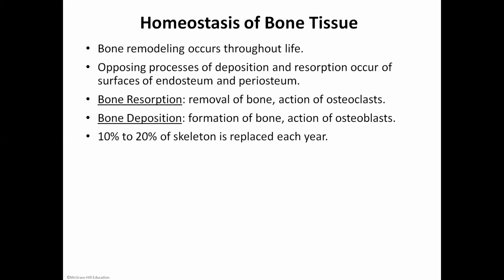So again, osteoclasts help to break down bone. Versus bone deposition, where we are actually making bone. We're forming bone, so we're using the work of osteoblasts. So basically homeostasis is just a balance between osteoblast and osteoclast activity, of whether or not we have resorption or deposition taking place.